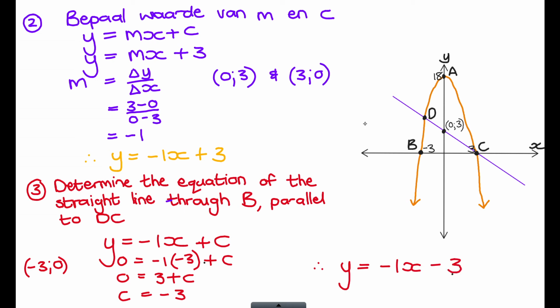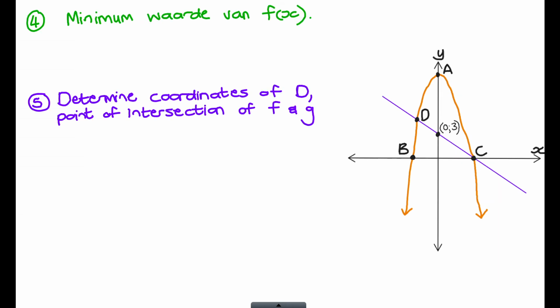Goed. Volgende een. Ekskuus, ek weet ek skip nou vinnig weer. Number 4. Oeh, ek weet nie my waardes nie. Daar was minus 3, en hy was 3, en 18. Minimum waarde van f(x).